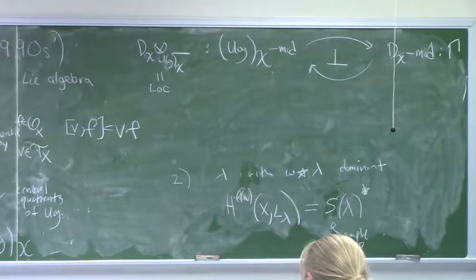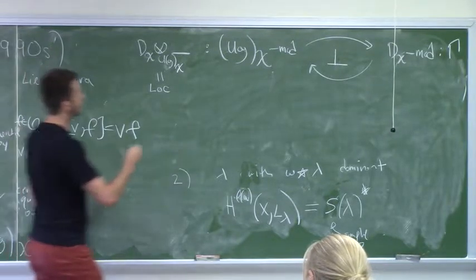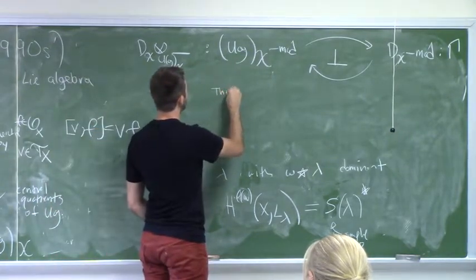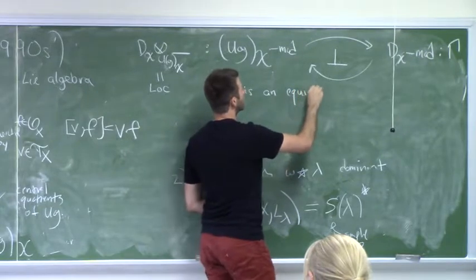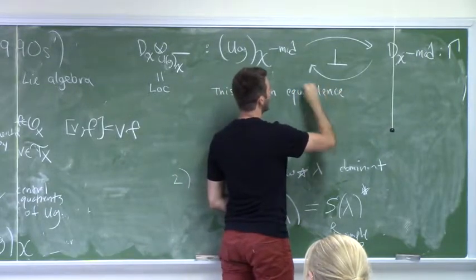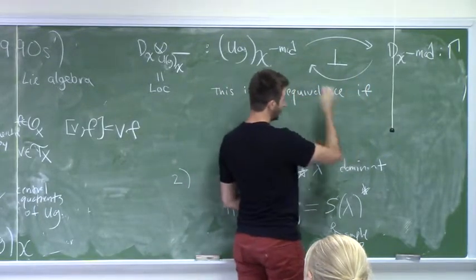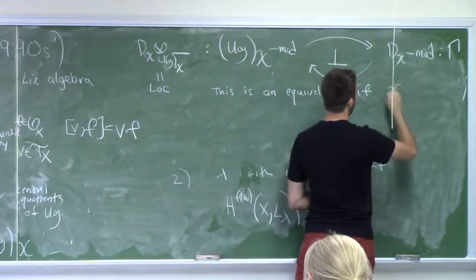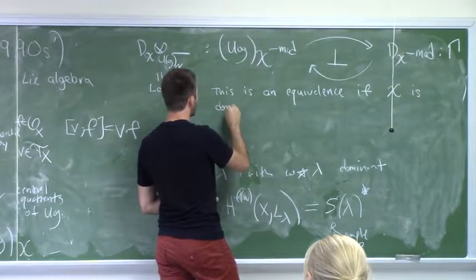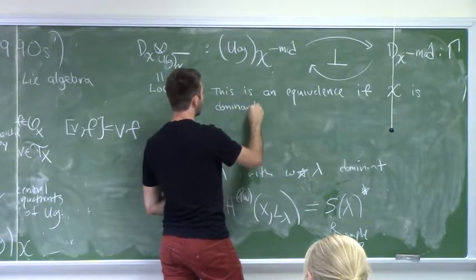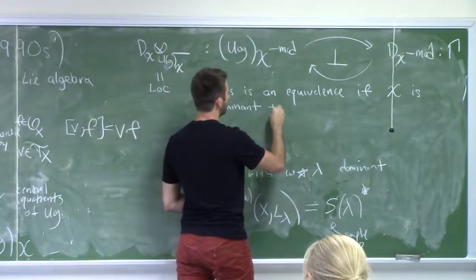So there's this pair of functors. And the second thing is that this is an equivalence of abelian categories if chi is dominant and regular.